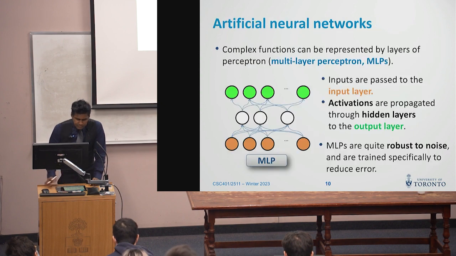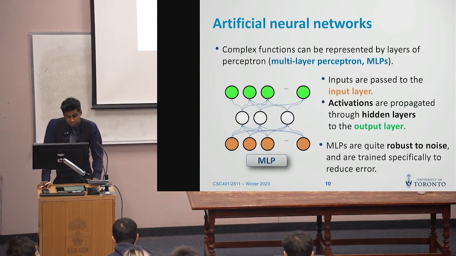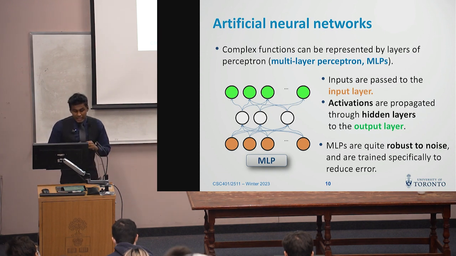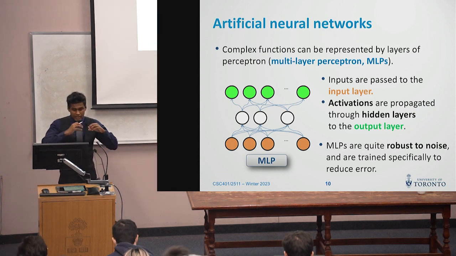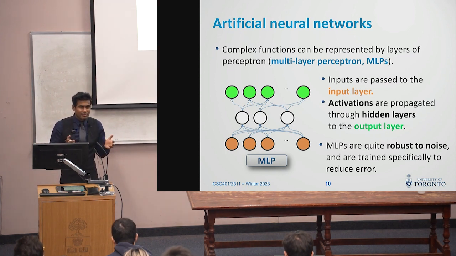However, it turns out that perceptrons can be used to represent complex functions, and Minsky and Papert were aware of this. But at that time, the concept of using layers of perceptrons was computationally so infeasible that it never became mainstream.